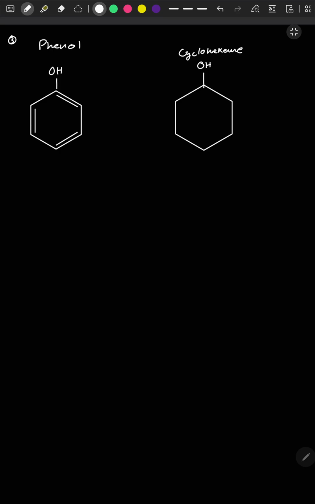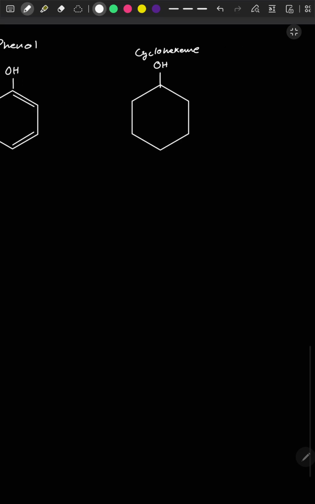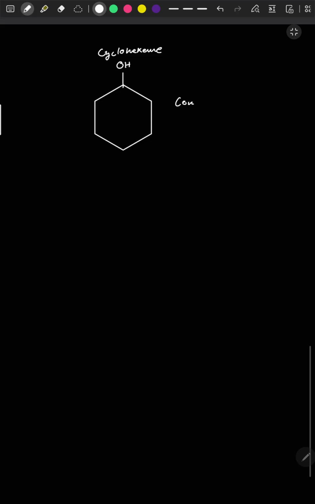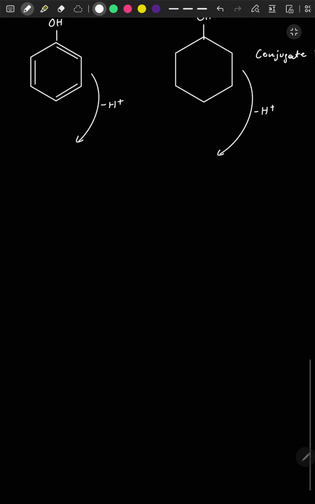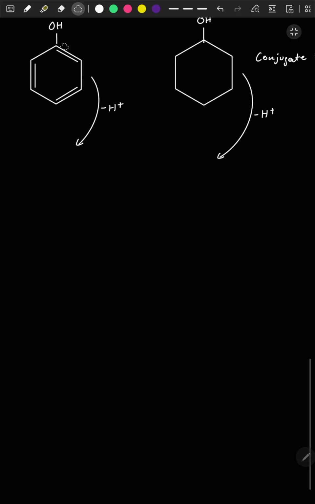But in order to find out which one is the most acidic, we look at the conjugate base. So that means that we're going to remove a proton from our hydroxide group. So let's just go down here, minus an H plus, minus an H plus.